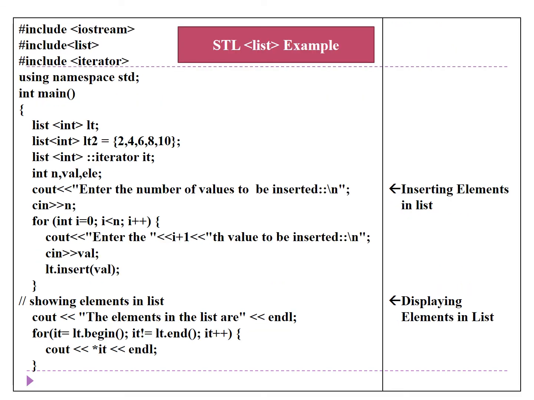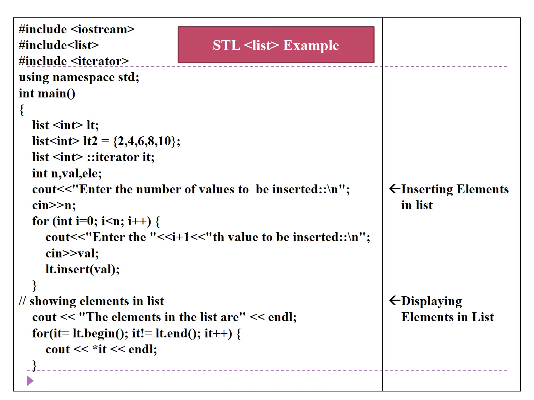List is a standard template library provided by C++. It is a linked list library and it acts as a double-ended queue where insertion and deletion happen at the front and the rear end.